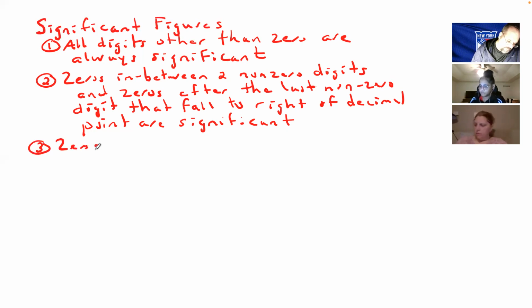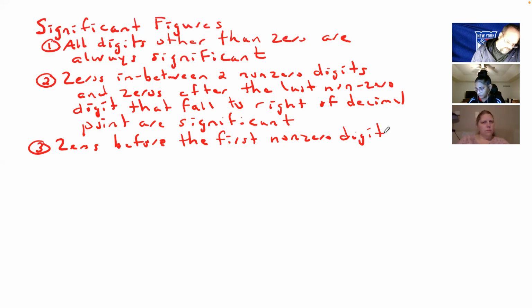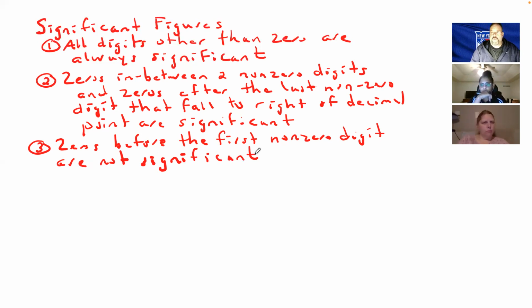Then essentially, zeros before the first non-zero digit are not significant. Those zeros are determined to be placeholders.